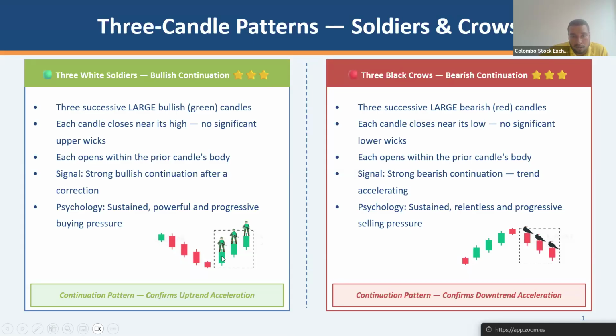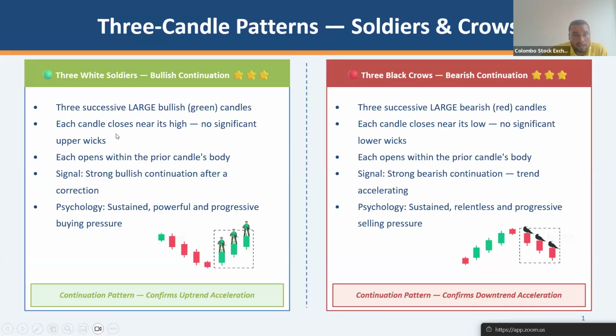The three white soldiers are same-size candles, three candles in a row, and you can see the rules here. Three successive large bullish candles, that means green candles. Each candle closes near its high, that means they have short upper wicks.